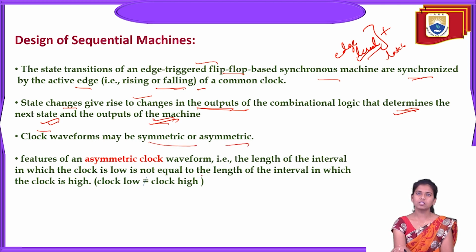So in sequential machines, one of the most prominent things we consider is the clock skew and the common clock signal. Sometimes the clock waveforms can be symmetric or asymmetric.